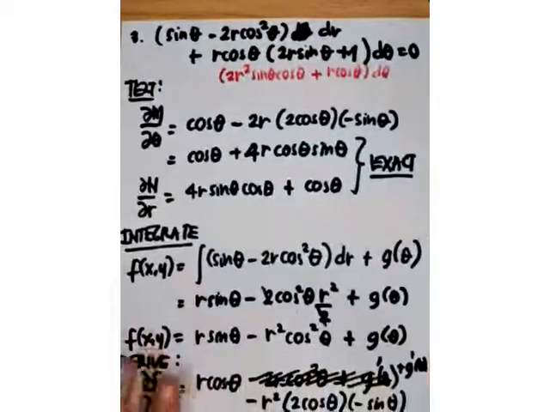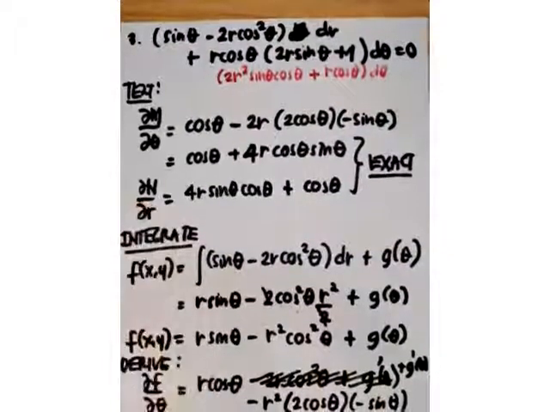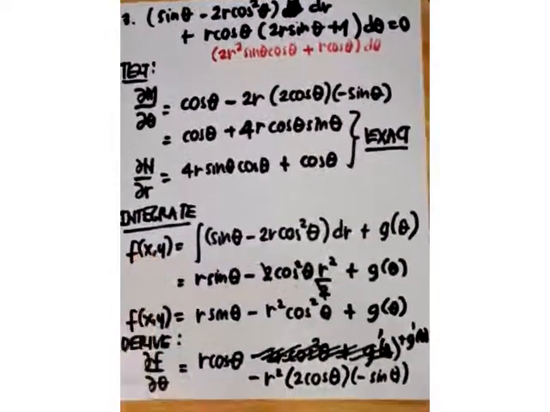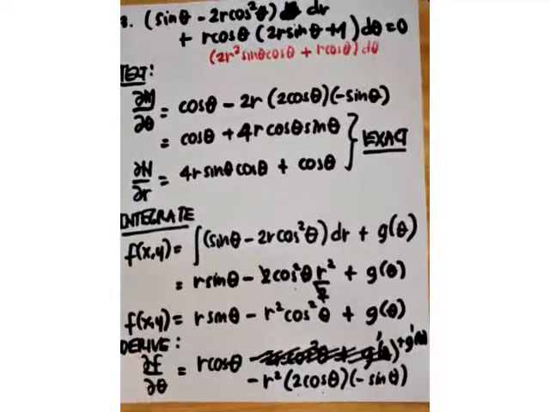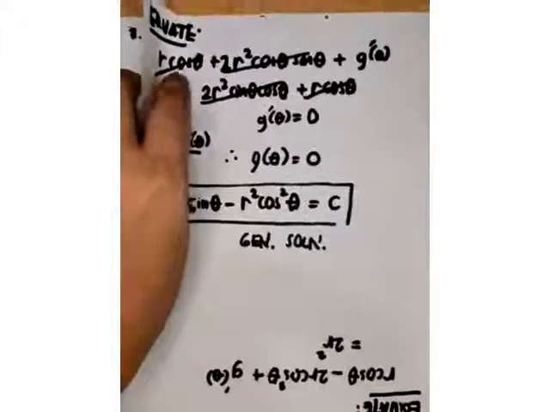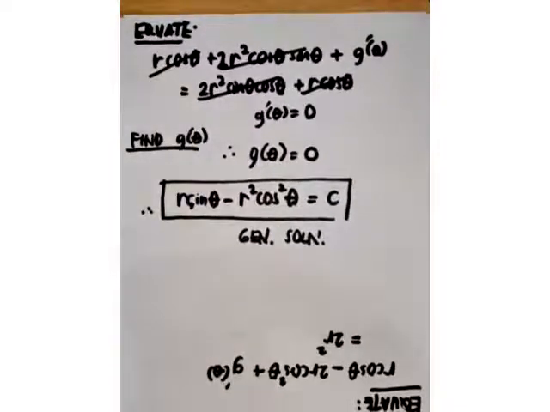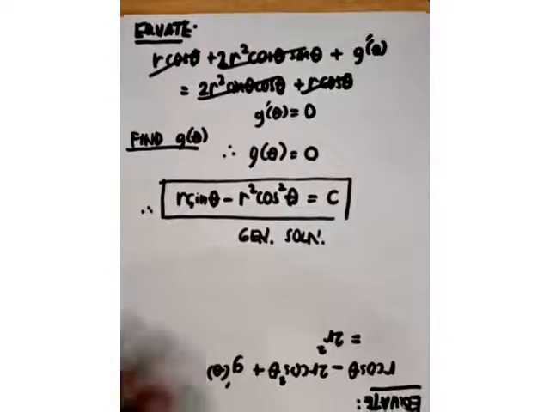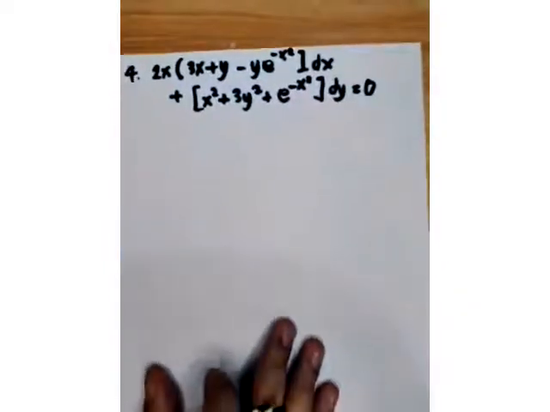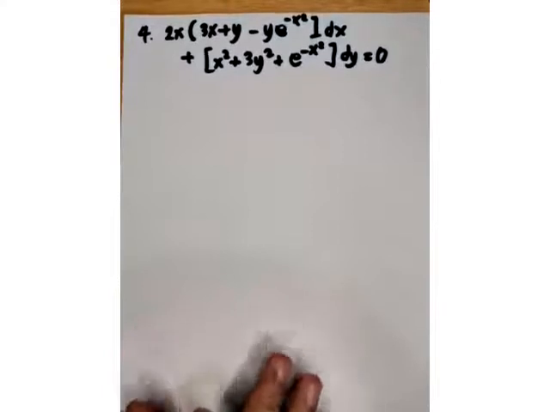Okay, ayan. So, that's for exactness, and then we integrate, then we derive, and then we equate, and then we find g sub 0, and then we substitute it. Okay, so let's have another example. Example number 4.